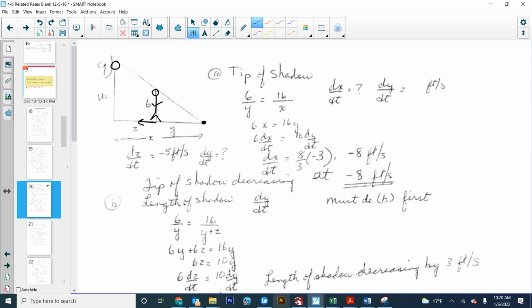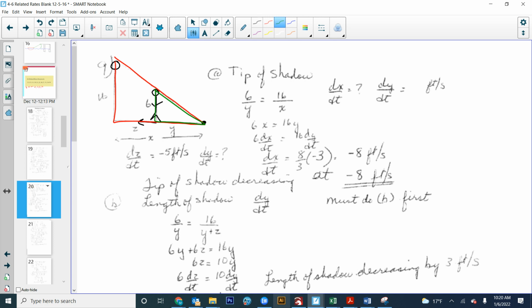The reason why the Pythagorean theorem isn't the best option here, and I'm not saying it wouldn't ever work, but we have a triangle here. We have a smaller triangle, and the information we're given are this length, this man's height is 6, and this length is 16.